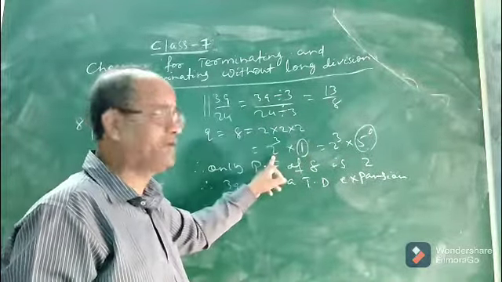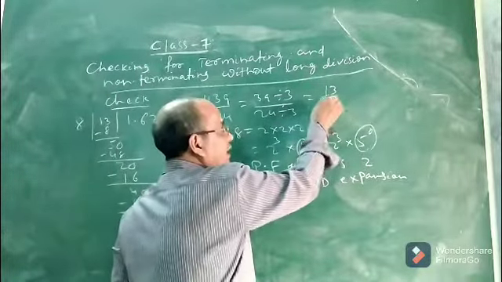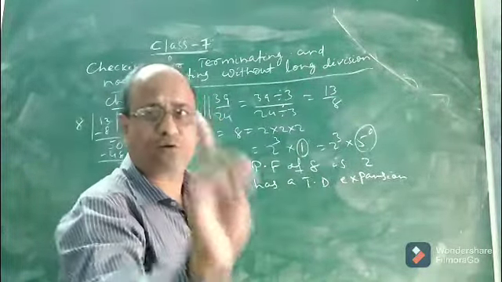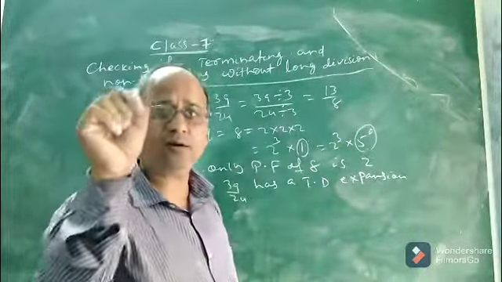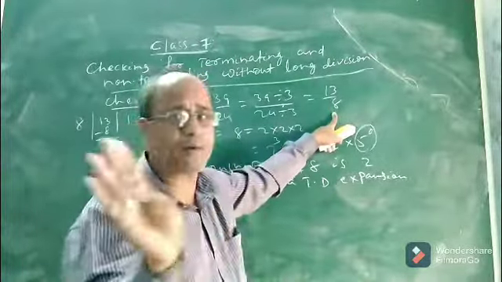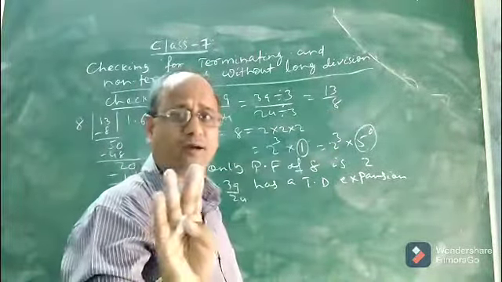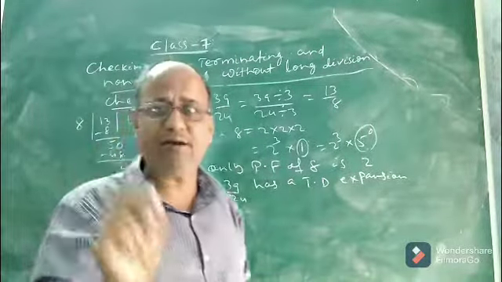Now the prime factorization of q is only 2 to the power 3. That means q, or 8, contains only prime factor 2, no other prime factor. If it contains only prime factor 2, then we will conclude that the given rational number will have a terminating decimal expansion.